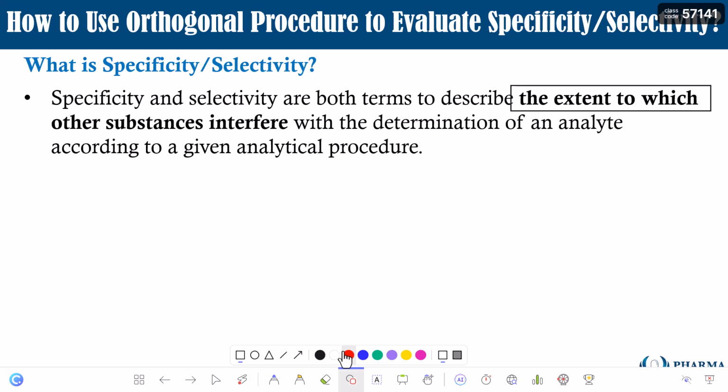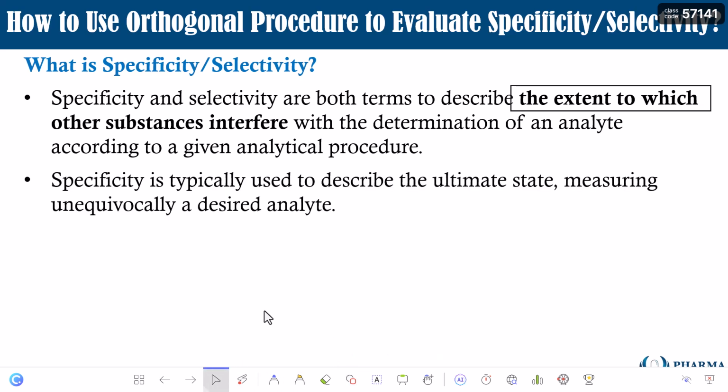It could be degradants, impurities, diluent, or excipients present in a certain tablet. How this sample matrix, these excipients and impurities are going to interfere while quantifying the analyte is what is called specificity. Specificity is typically used to describe the ultimate state of measuring unequivocally a desired analyte.